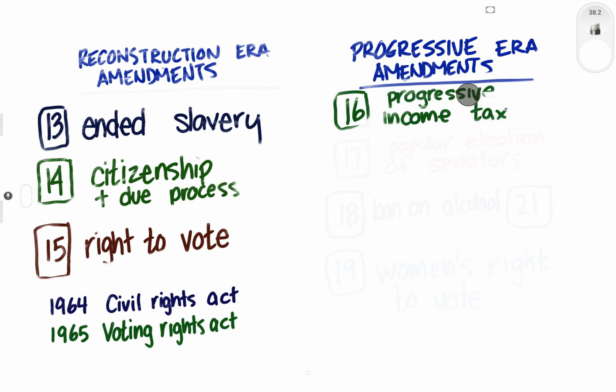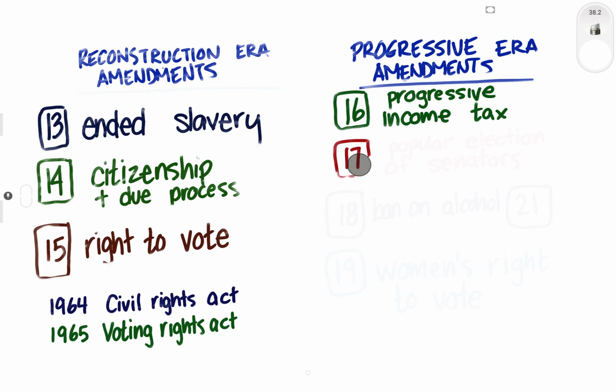So progressive in this case means that poor people pay a smaller percentage of their income for taxes than rich people. So right now, I think it's about 35% for the highest tax brackets and down to, I think it's 11 for the lowest tax brackets. I'm not sure about that, but it's something like that. You pay a lot more taxes if you make a lot more money.